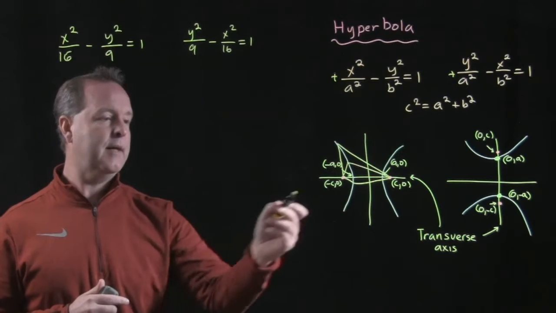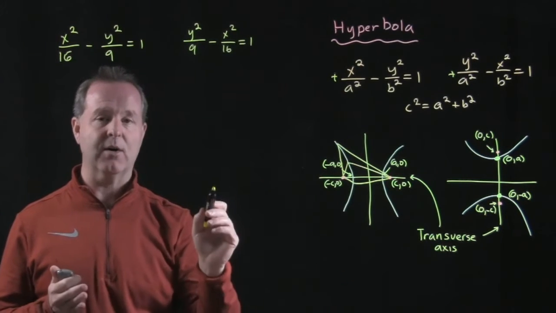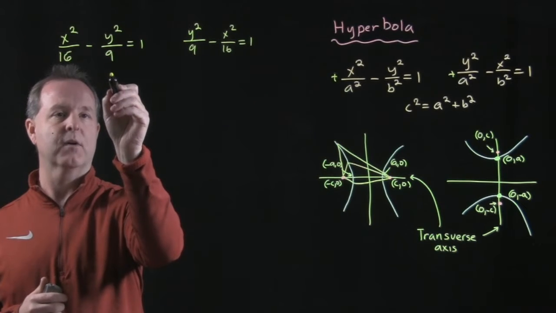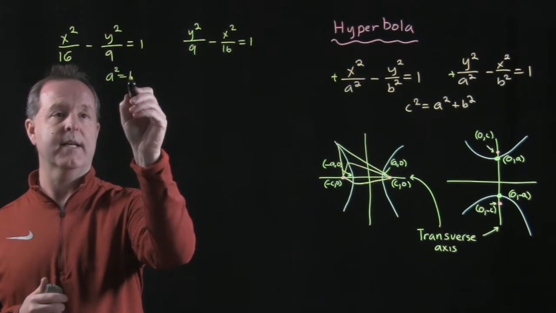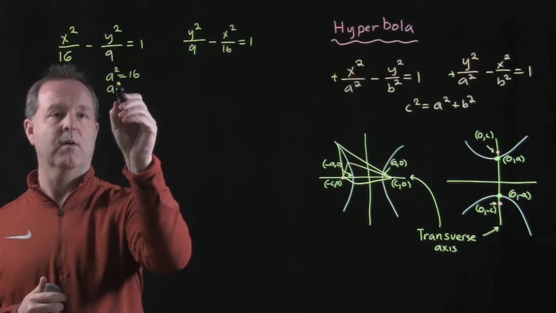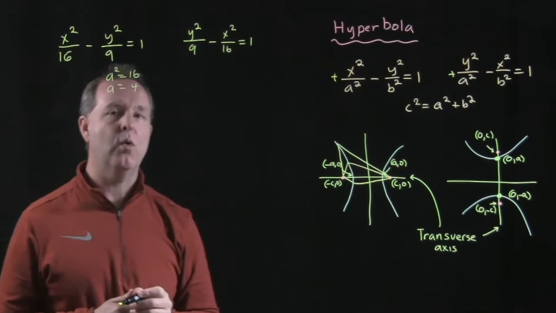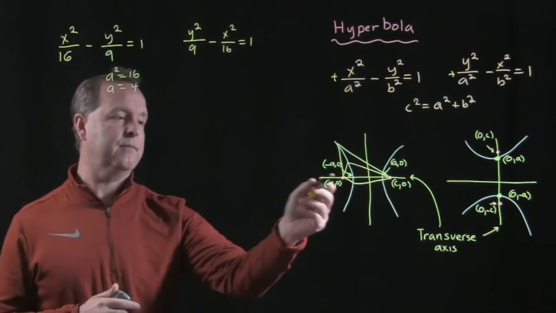So first of all, I need to know what my a and my c are. Those are the significant points that we need to discover. So a squared equals 16, so a equals 4. So now I know where my vertices are.